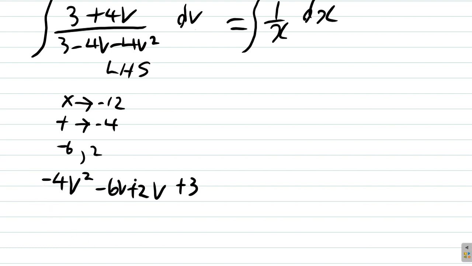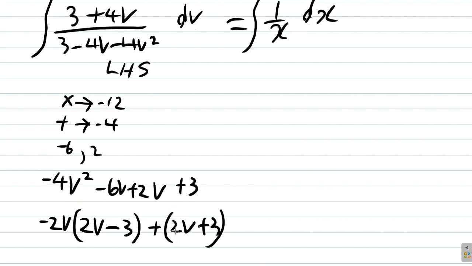Let's factorize now. We have negative 2v outside this bracket. Negative 2v into negative 4v goes 2v, v into v goes v squared, and negative 2v into negative 6v goes 3. Alright, plus 2v plus 3. Negative 4 into negative 6 goes positive 3.